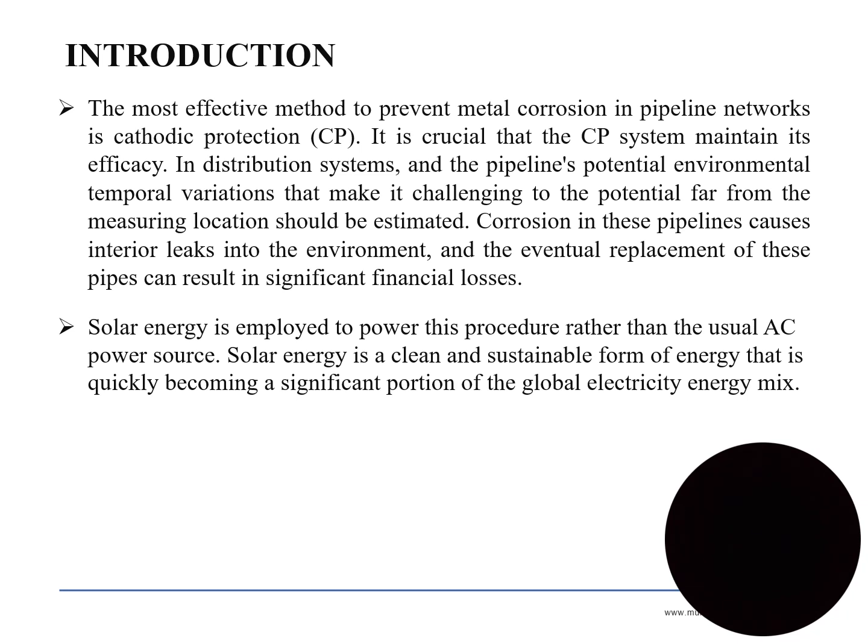Sometimes there are fluctuations in that AC supply, due to which the CP stations just stop working. In order to rectify this issue, we have employed this procedure. Solar energy is a clean and sustainable form of energy that is quickly becoming a significant portion of the global electricity energy mix.